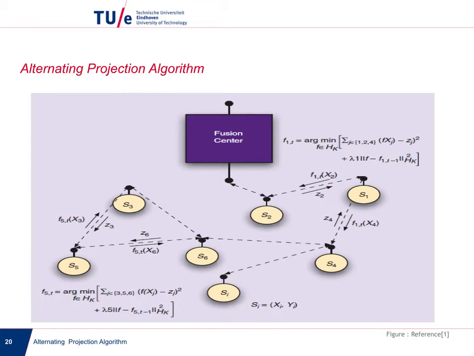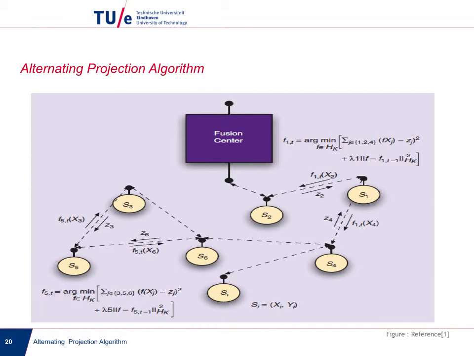So in this approach, each of these sensors, represented by the small s i, maintains a message variable z, and a sensor calculates its global estimate by querying its neighbors' local message variable data.